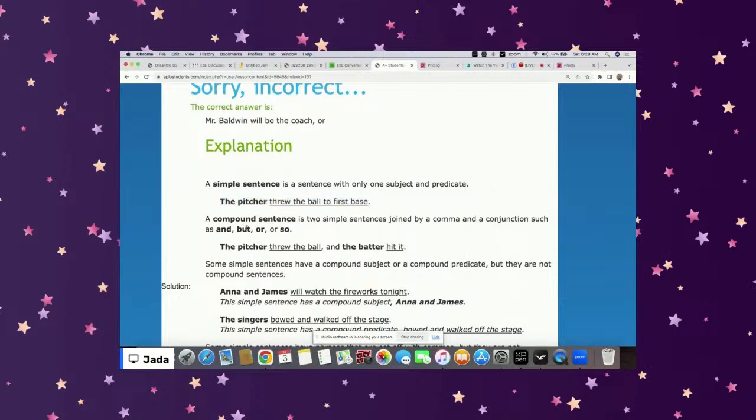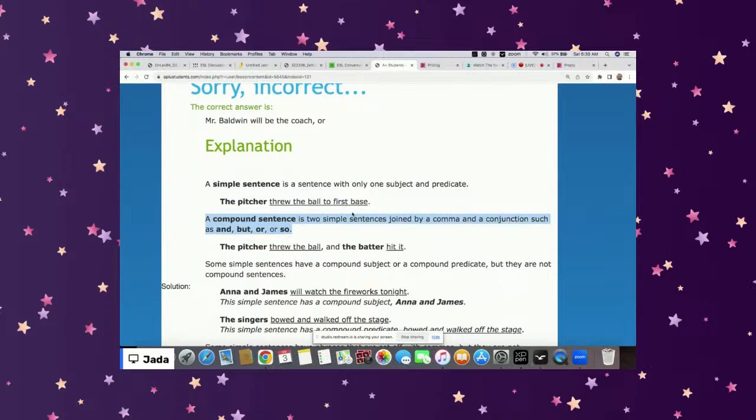But a compound sentence is two simple sentences joined by a comma and a conjunction, such as and, but, or, so. Okay? We cannot finish this right now until we finish this lesson before we end. A compound sentence is two simple sentences joined by a comma and a conjunction.